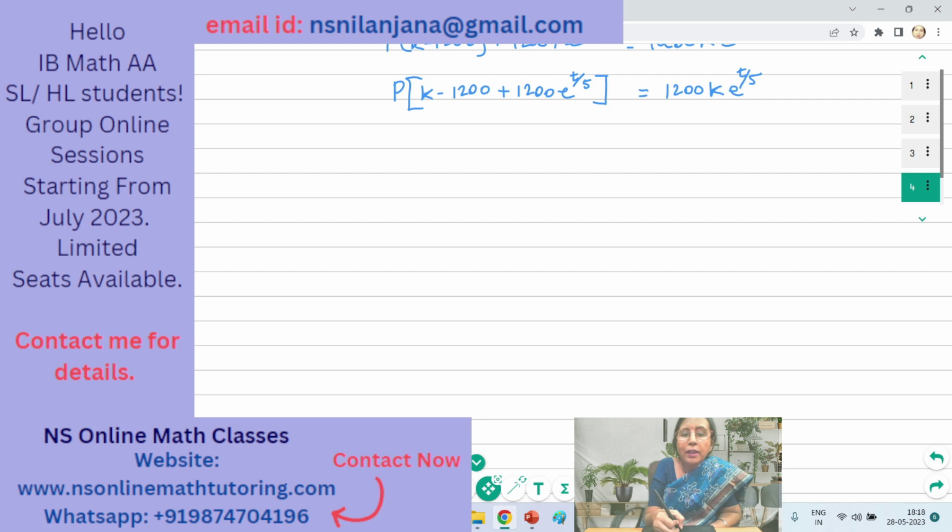And now finally I have to divide the entire equation by this part. So it will be P equal to 1200 K e to the power of t over 5 divided by K minus 1200 plus 1200 e to the power of t over 5.